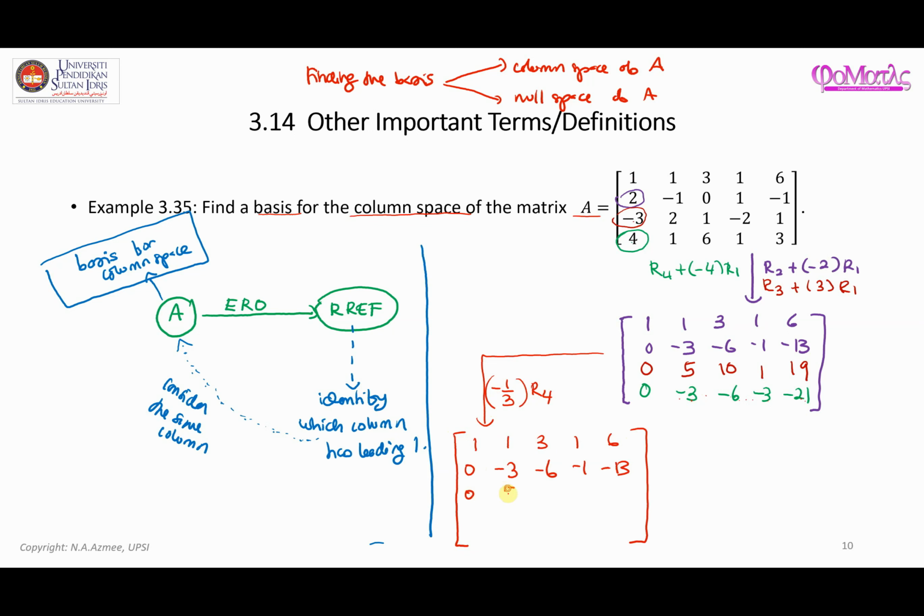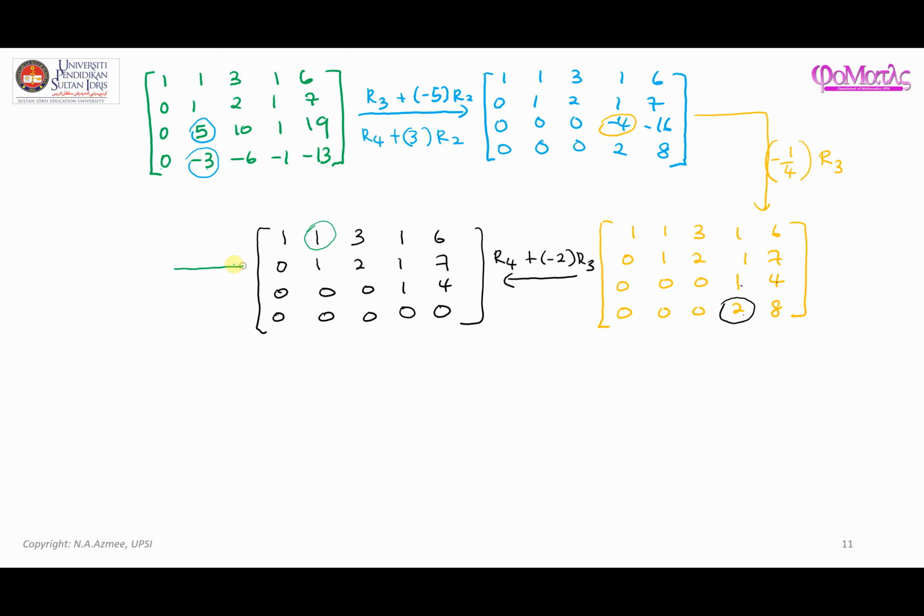So we are going to continue the process here. Well, we can then consider making sure the value here is 0. So what we can do is R1 plus -1 R2.